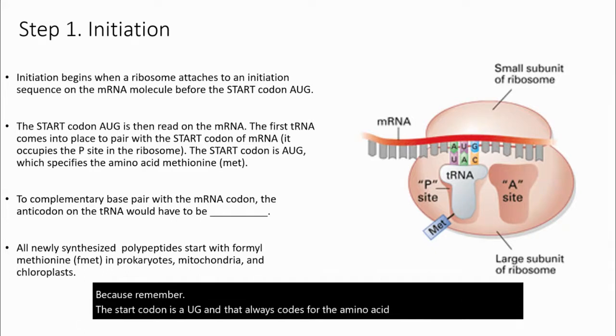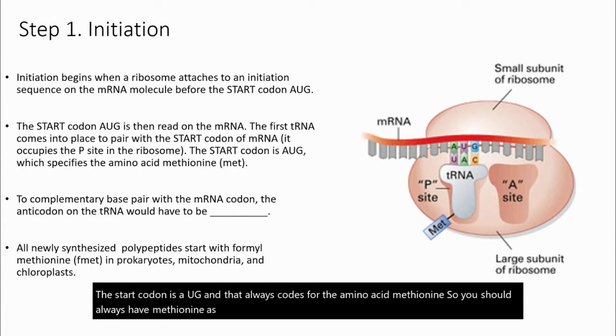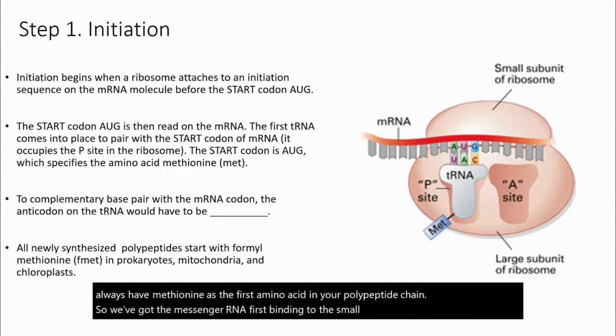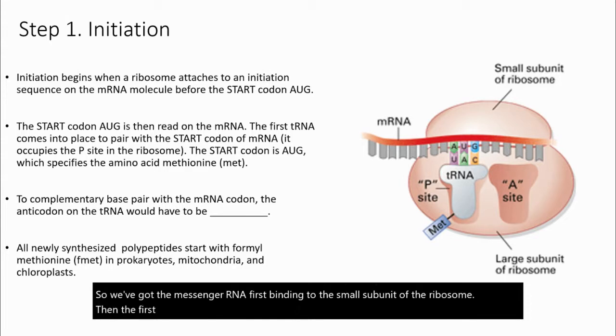So you should always have methionine as the first amino acid in your polypeptide chain. Okay, so we've got the messenger RNA first binding to the small subunit of the ribosome. Then the first tRNA carrying methionine is going to come and bind to the messenger RNA.